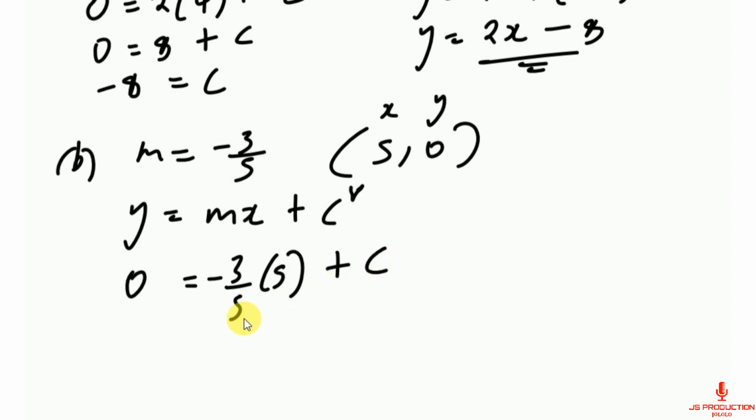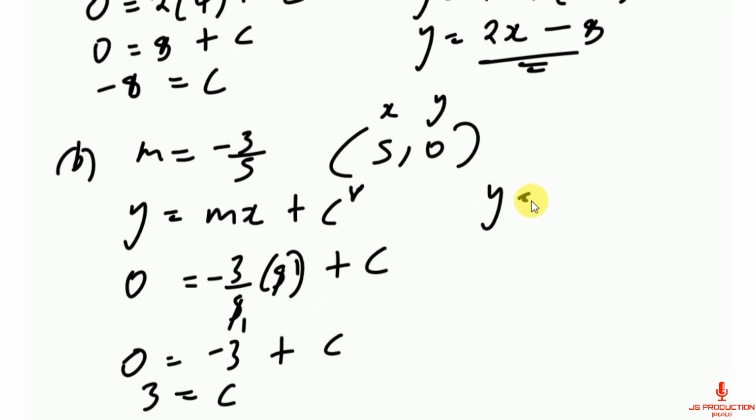To simplify, the 5 cancels with the 5. So we have 0 is equal to negative 3 plus c, and when negative 3 goes to the other side of the equation, 3 is equal to c. So our y-intercept is 3.